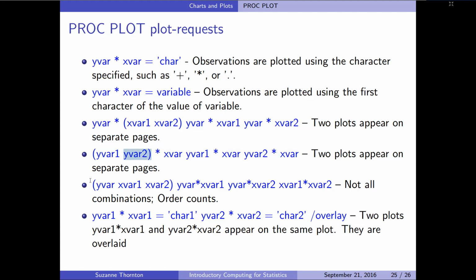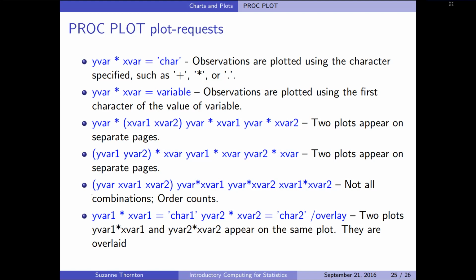Another important example is this one, which is also equivalent to this code, where we will plot three different plots: y against x1, y against x2, and x1 against x2. It will not include all combinations.